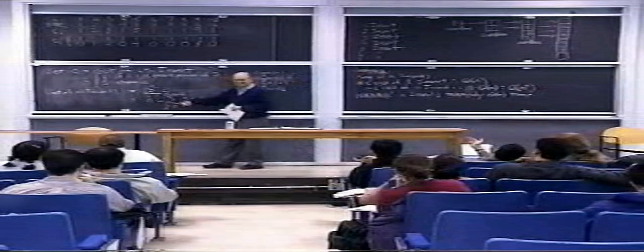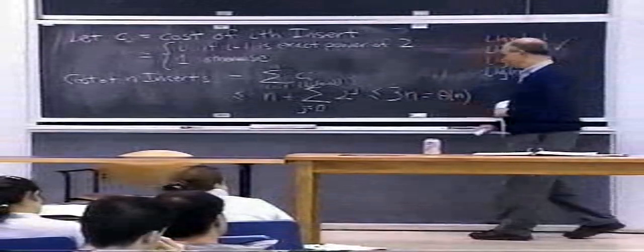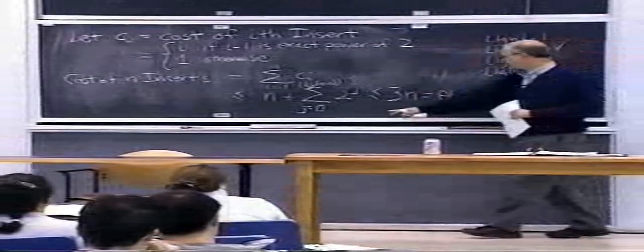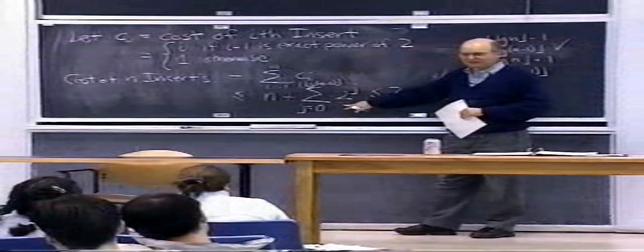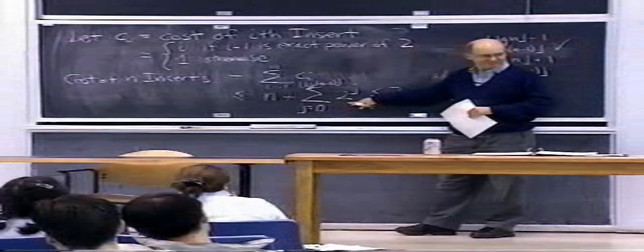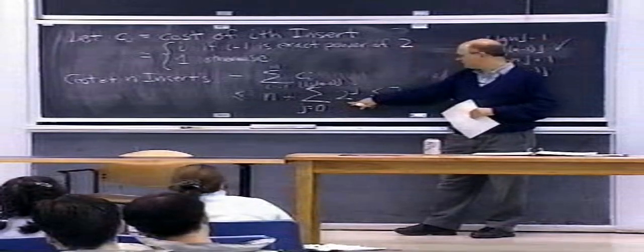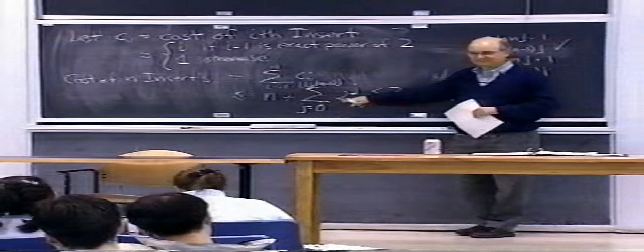So remember, we got n plus this. 3n, good. 3n, excellent. Okay, which is order n, because this is a geometric series. I could write out the formula and so forth, but this term here is at most 2n. So the whole thing is at most 3n.